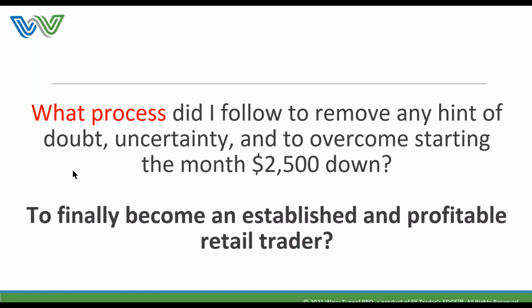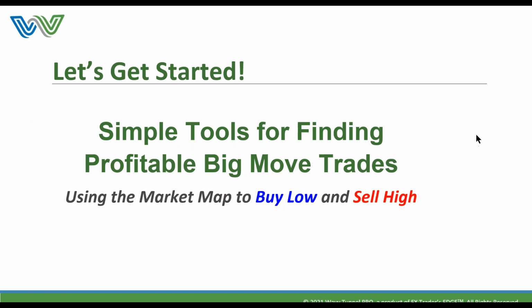And when I left the bank in the mid 90s, I started the month $2,500 down because that's what I had to pay for data. So I had to pay for charting data. The Forex market wasn't established yet, so I traded futures. I traded 20 different futures markets. And every single month, I had to cover that $2,500 down. Today, data is free. Aren't we lucky? Technology is wonderful. So let's get started.